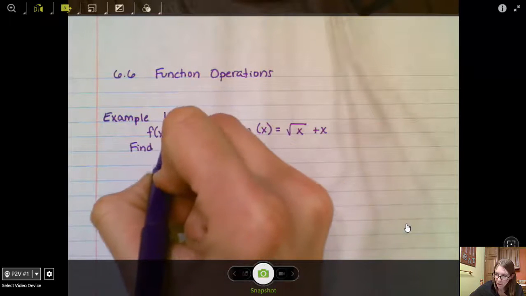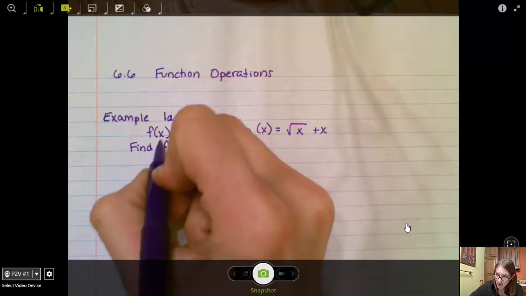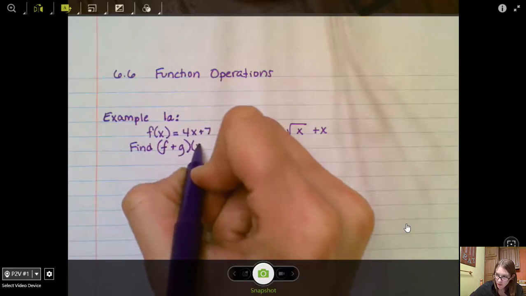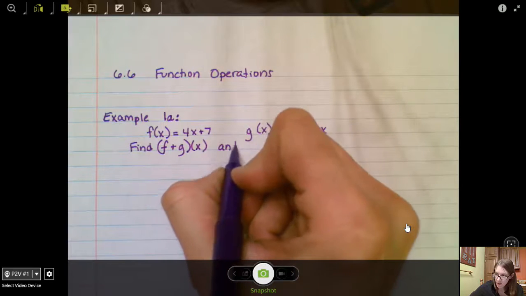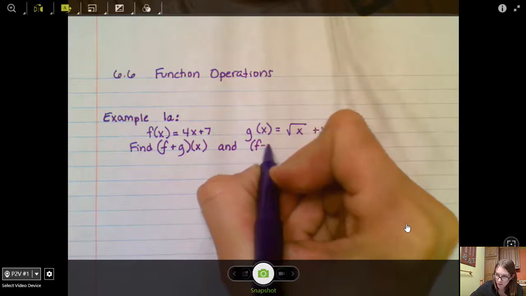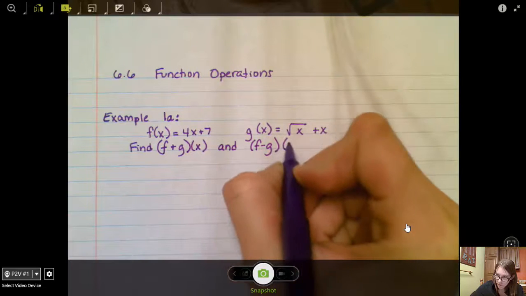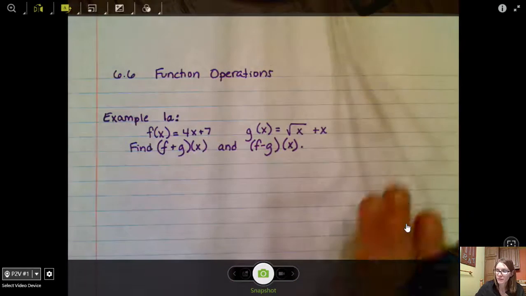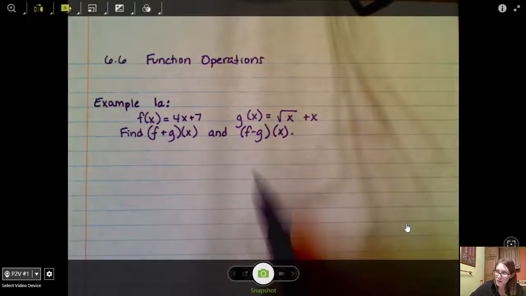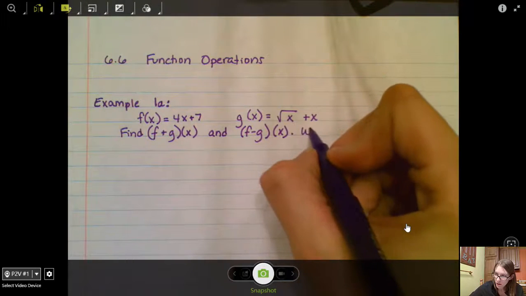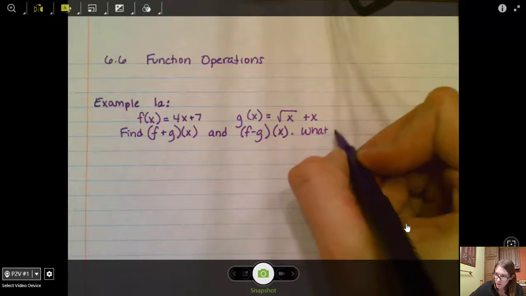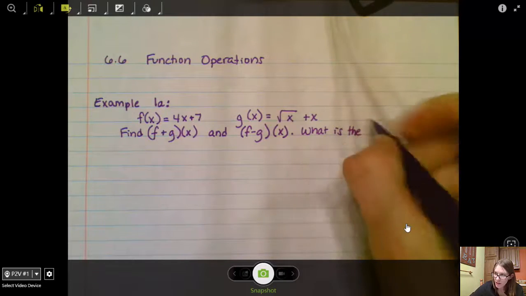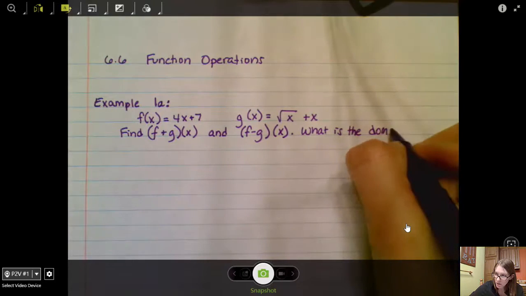We're going to find f plus g of x and also f minus g of x. After we find those, then we're going to find what is the domain of each.